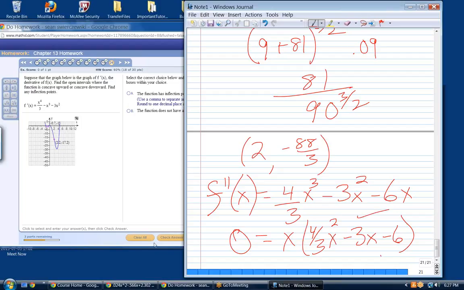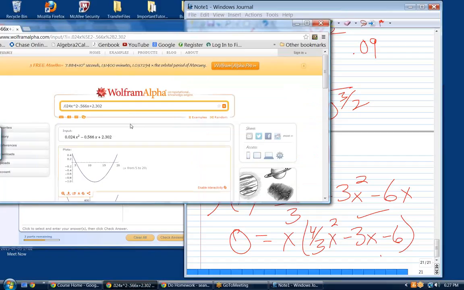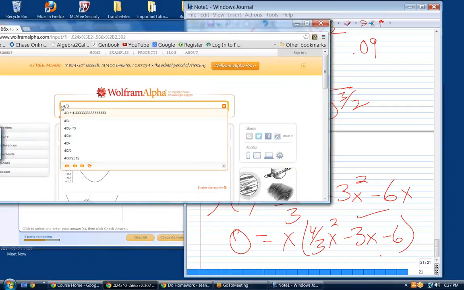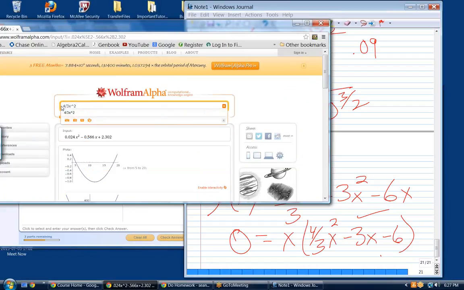Let me put that function into Wolfram Alpha so that it can give me the two zeros, because it doesn't look nice.